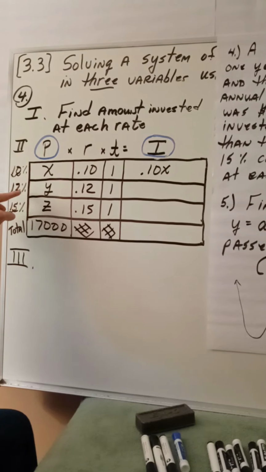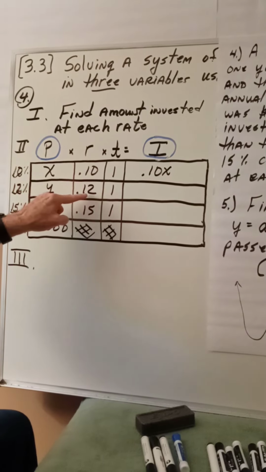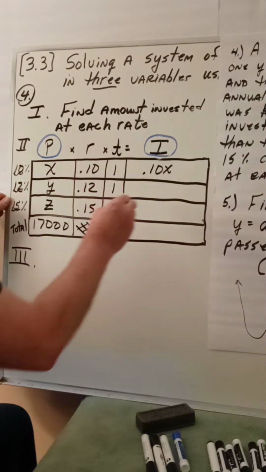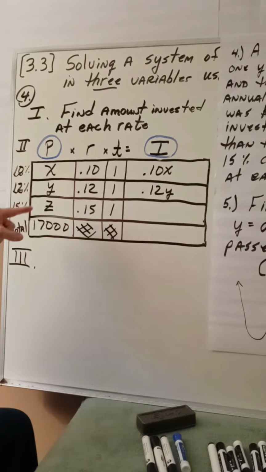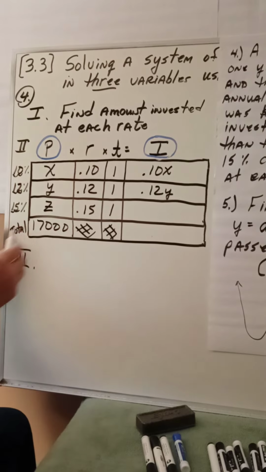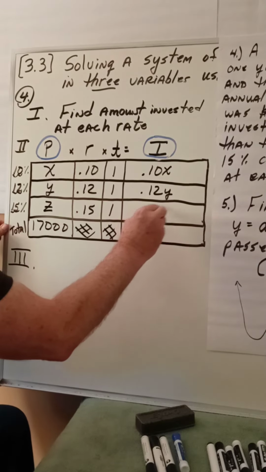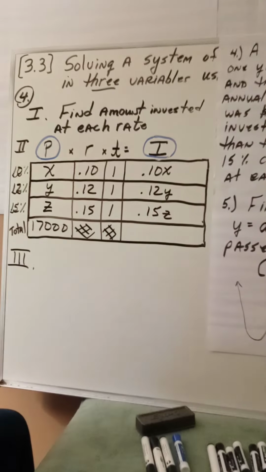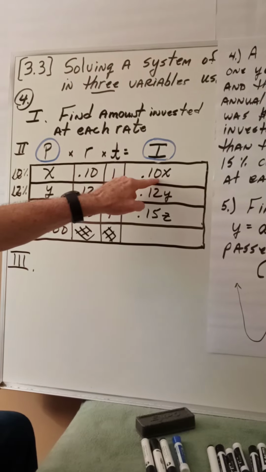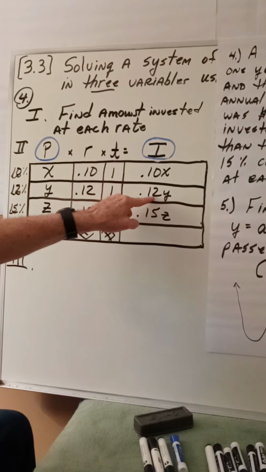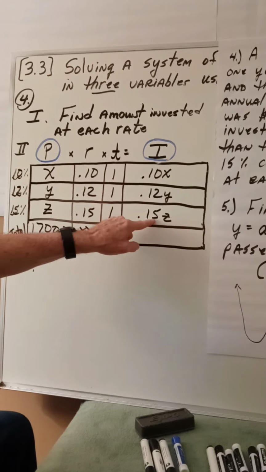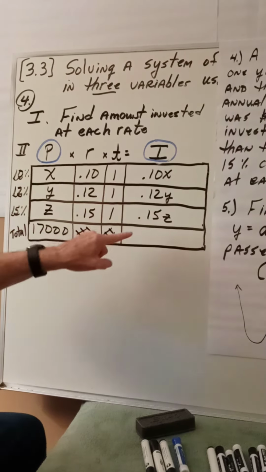The 12% investment, y times 0.12 times 1, 0.12y. And the 15% investment, 0.15z. That's the amount of interest earned from the 10%. That's the amount of interest earned from the 12. That's the amount of interest earned from the 15.